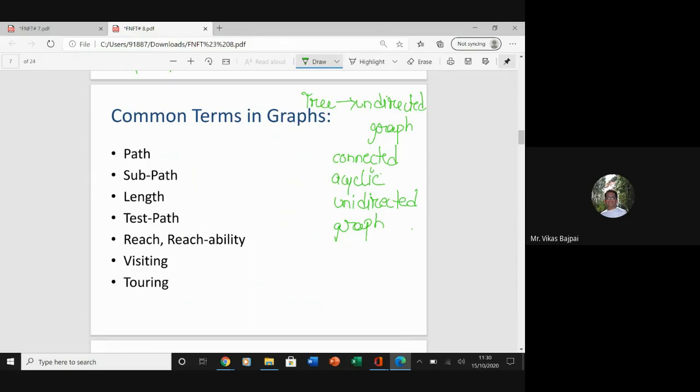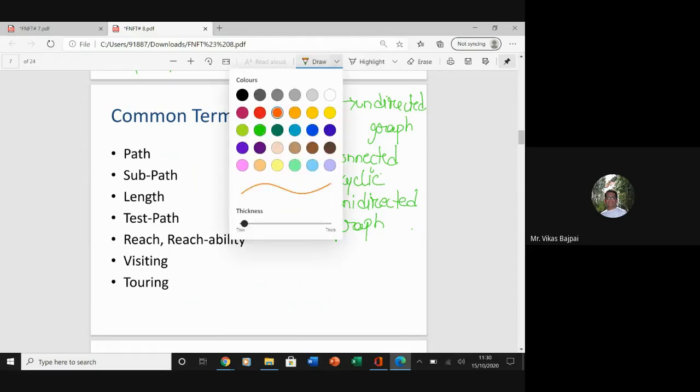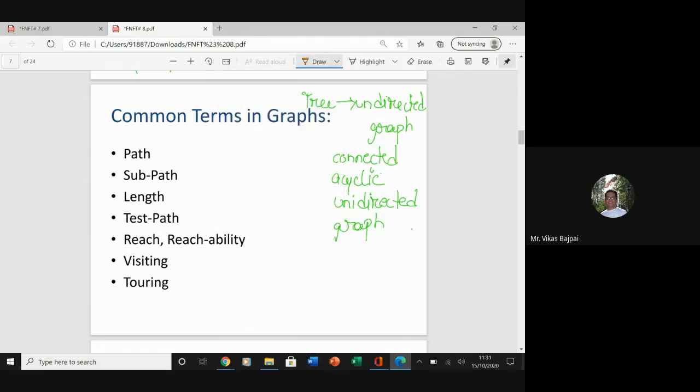So two terminologies: one is undirected graph, another one is connected acyclic undirected graph.